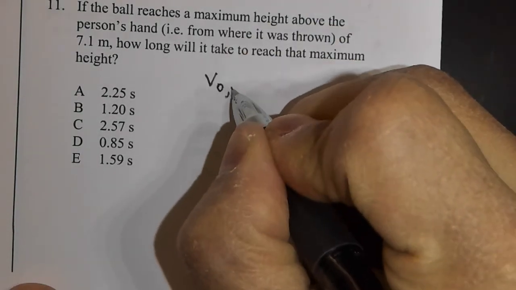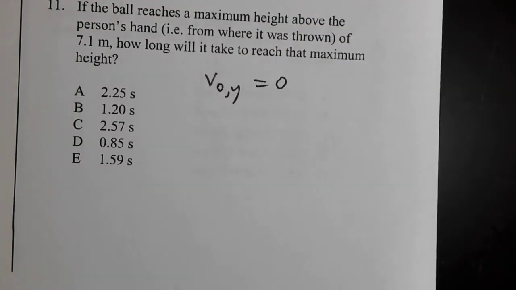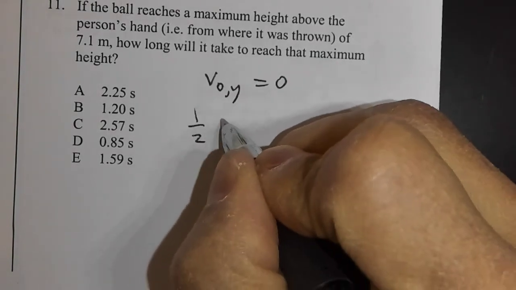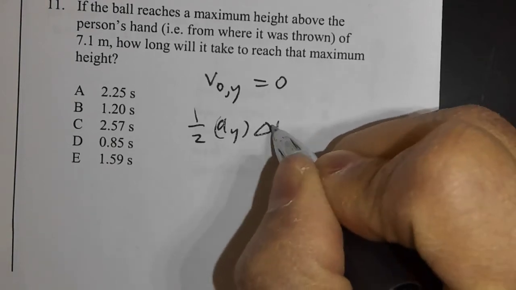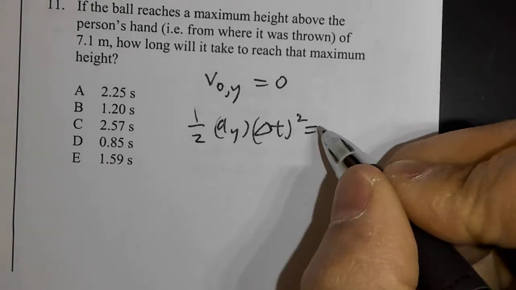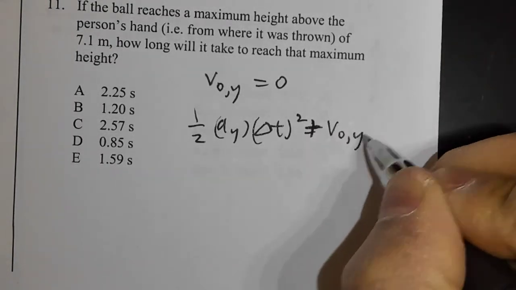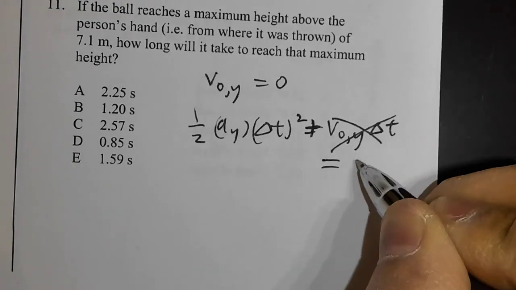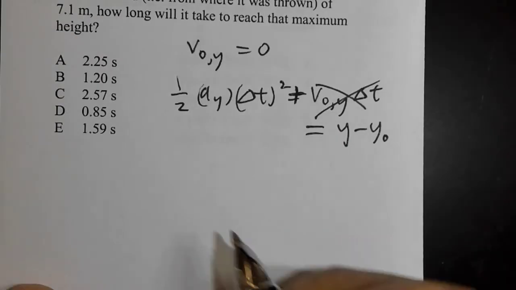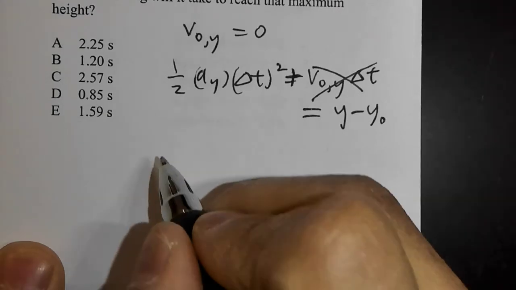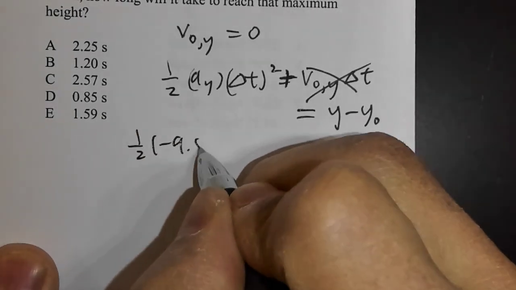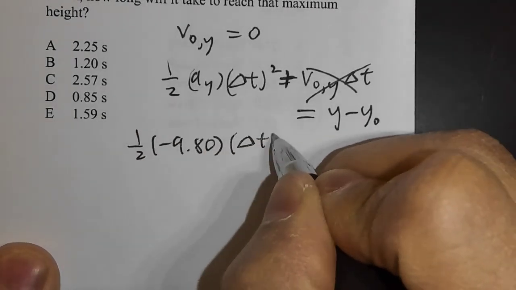The initial velocity is 0. It starts from the top, and it's going to fall down. So you simply have 1/2 a_y Δt² equals y minus y0, because the initial velocity is 0 and that term goes away. The acceleration in the y direction is minus 9.8, times Δt squared.